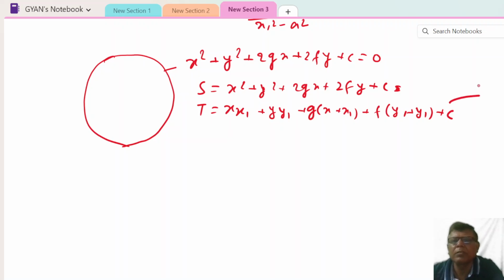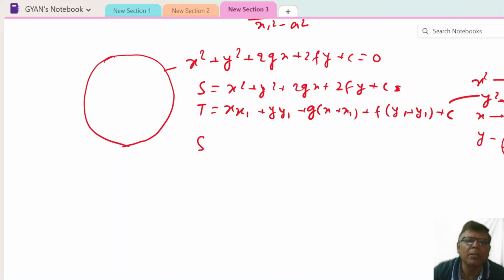How have we done this? We have replaced x square by xx1, y square by yy1, x by (x plus x1) divided by 2, and y by (y plus y1) divided by 2. Then we have got this one. And S1 is equal to x1 square plus y1 square plus 2gx1 plus 2fy1 plus c.